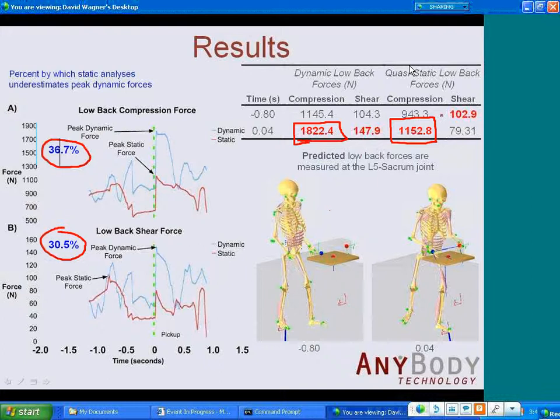Interestingly, the shear force for the static analysis occurred significantly farther in front of when the individual picked up the box, potentially associated with either numerical error, or just a posture the person is transitioning from.